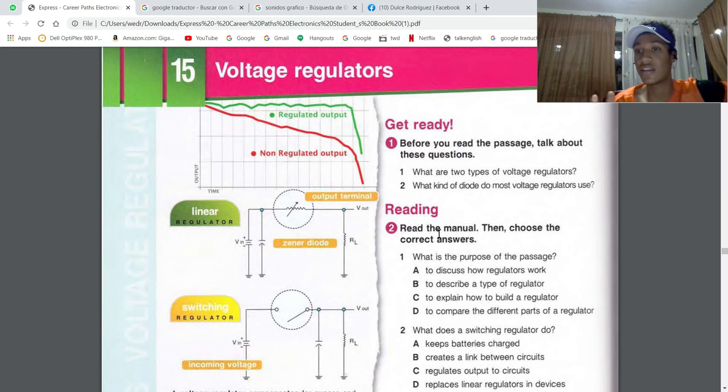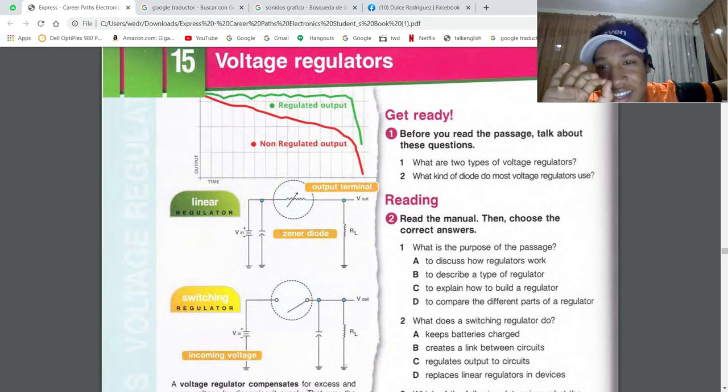With a resistance you don't have the same voltage, so with a voltage regulator you have the same voltage.